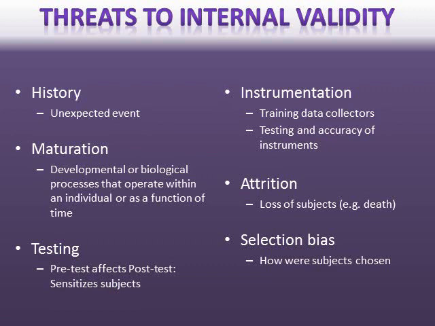All right, so what are a number of things that might actually influence the connection between the independent variable and the dependent variable? Well, one of the first things would be history. History is something that happens in the course of a study that may affect your data. So this would be an unexpected event. Say, for example, you're studying what people's opinions are about smoking in the context of whether they receive an educational intervention versus not having an educational intervention.